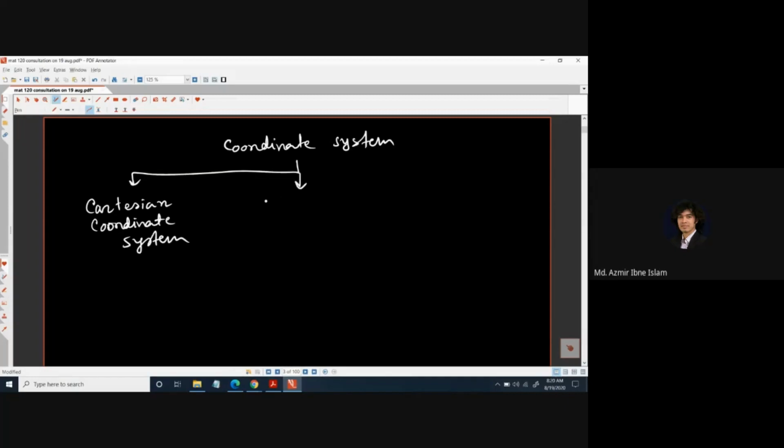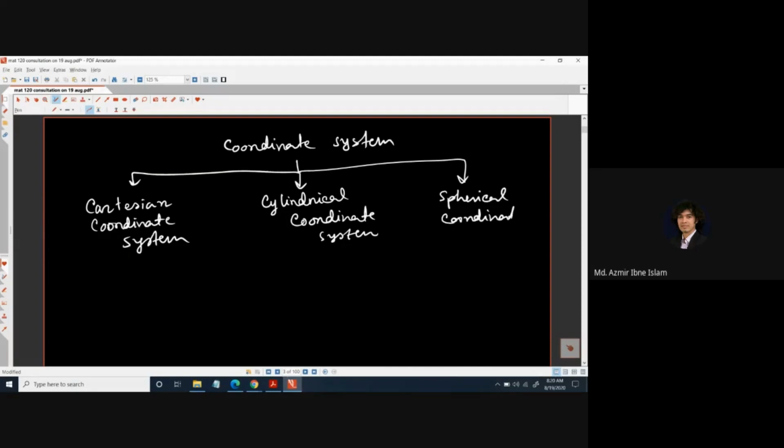We have another coordinate system that is called cylindrical coordinate system. And the third category is spherical coordinate system. So coordinate system can be classified into three categories: Cartesian coordinate system, cylindrical coordinate system, and spherical coordinate system.